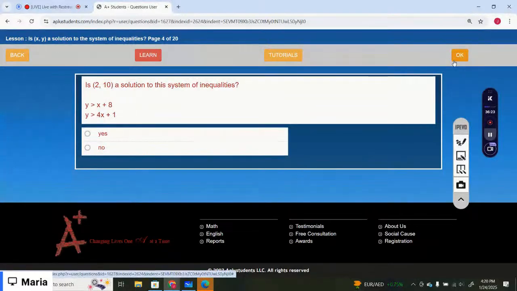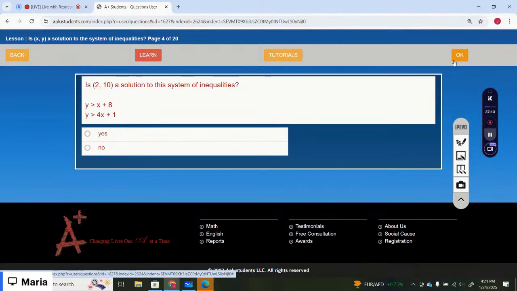Is (2, 10) a solution to the system of inequalities? So, which is the correct option? The correct option is no, that is not the solution of the inequalities.